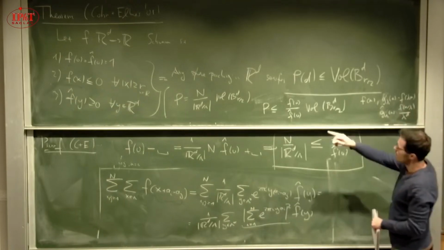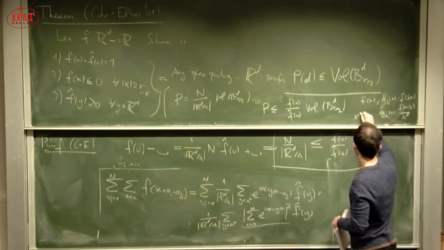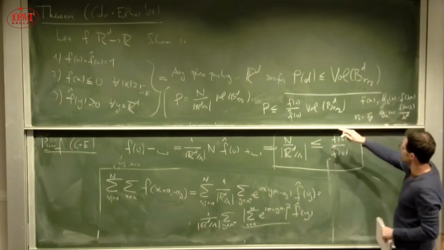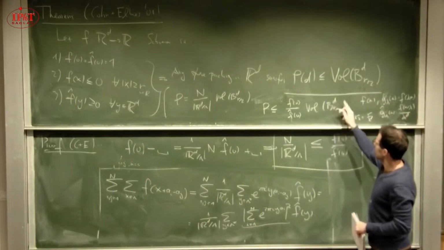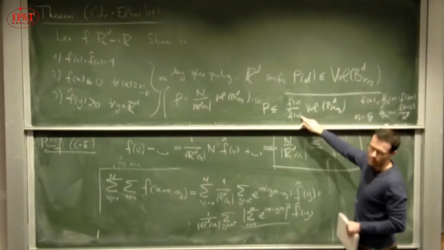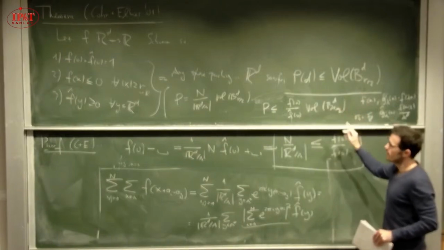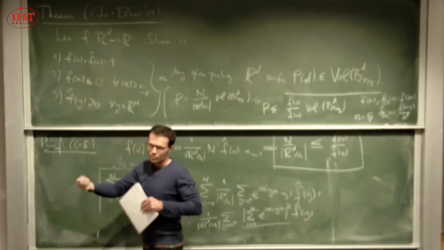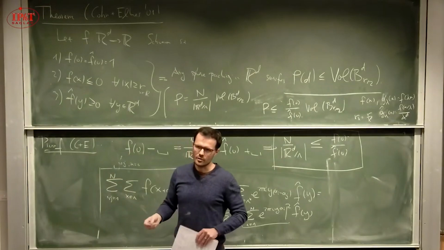But also your r is going to change. Your new r is going to be r over lambda. So the lambda gets cancelled. The volume of the unit ball gets a factor of lambda to the d, and this gets a factor of lambda to the d. So you may as well just assume the two constraints from the gauge symmetry.